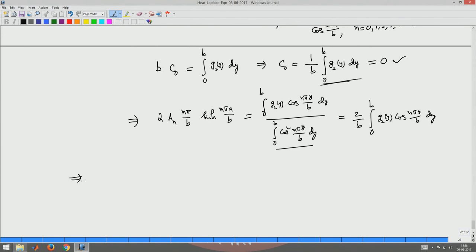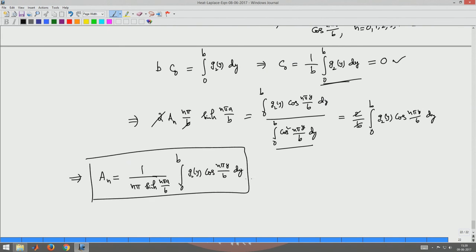So this gives me a n. You can cancel b and b, and what you get is 1 over n pi sine hyperbolic n pi a by b times the integral from 0 to b of G2 of y cos n pi y by b dy. So this is what you have for n running from 1, 2, 3 onwards.